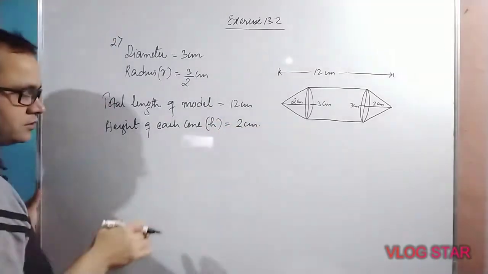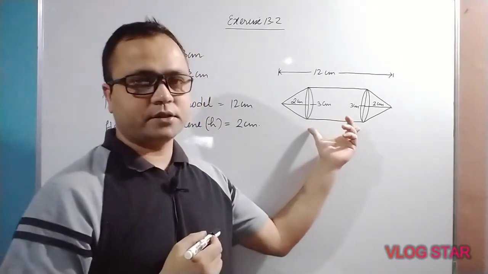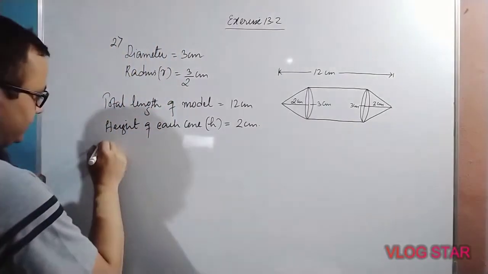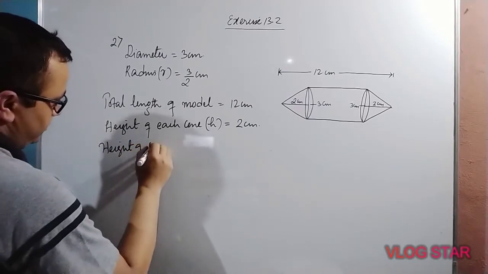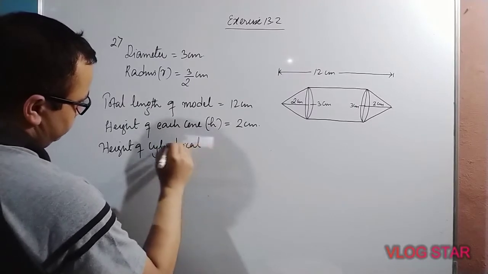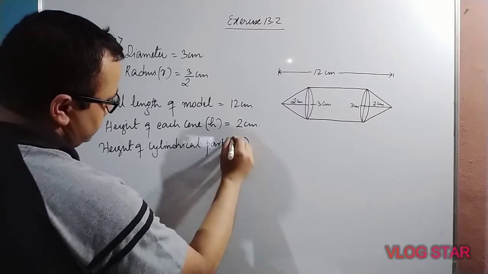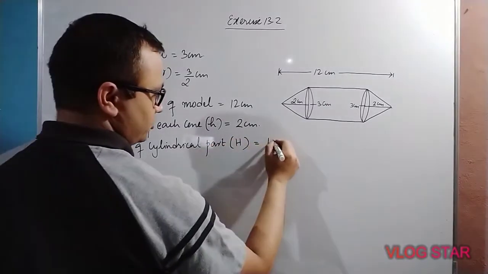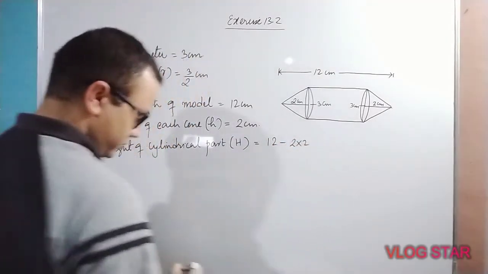Now first we have to calculate the height of the cylindrical part, represented by capital H. This will be 12 minus 2 into 2. Why 2 into 2?